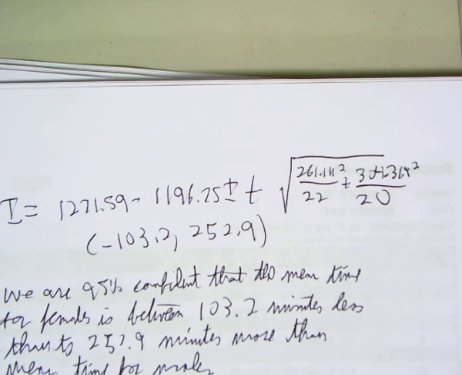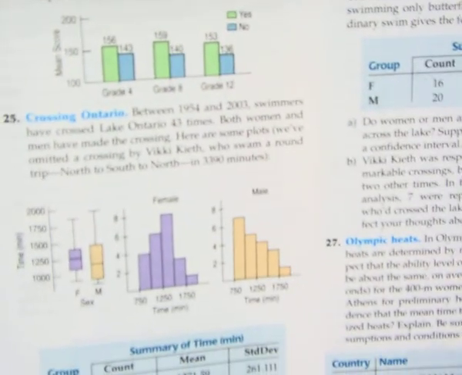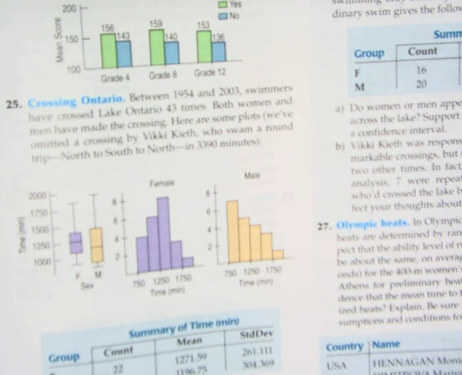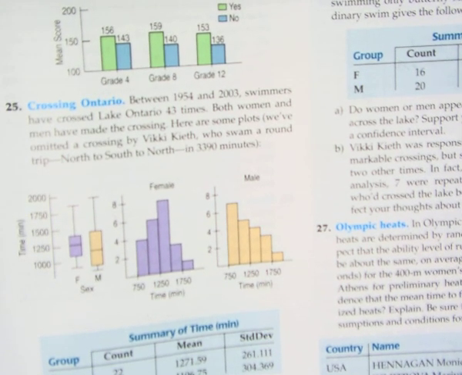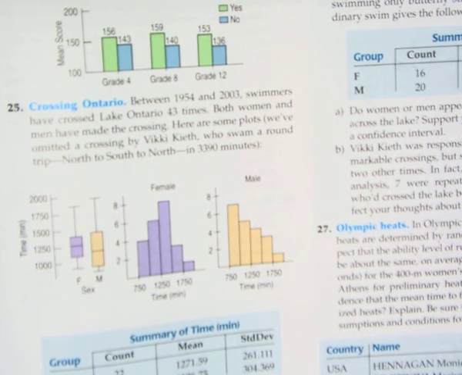Then we got to comment on the conditions, right? So the one condition obviously that concerns us is this one right here. The time for males is skewed right. So the fact that it's skewed right is a problem.